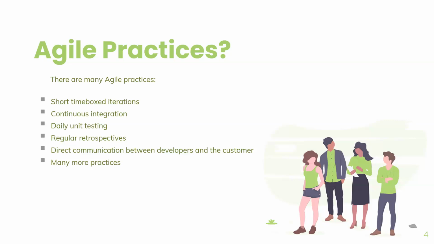Direct communication between developers and the customer. What that means is customers are always telling you, okay, this is what we need, and you can get that feedback directly, because that communication gets to the product owner, who more or less is in charge of that product or that feature.